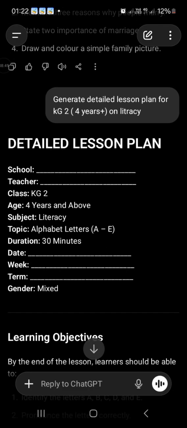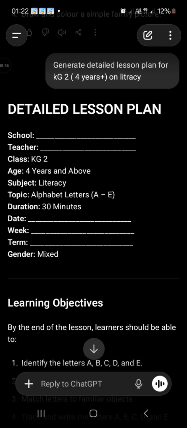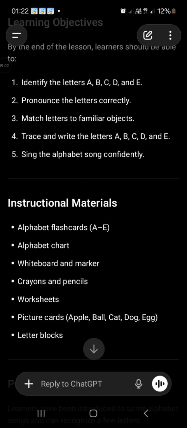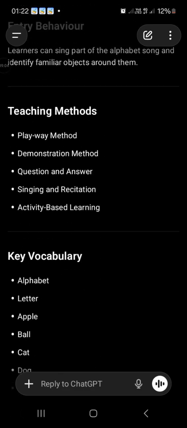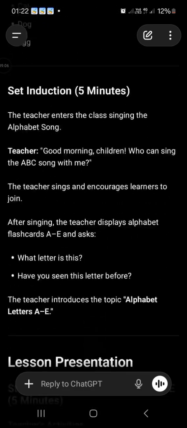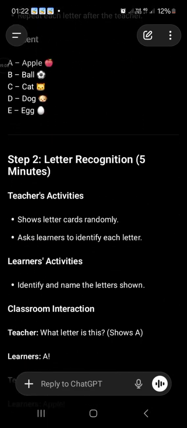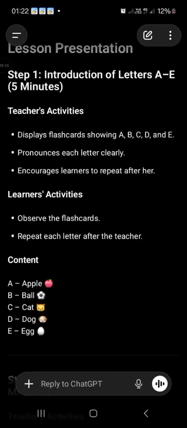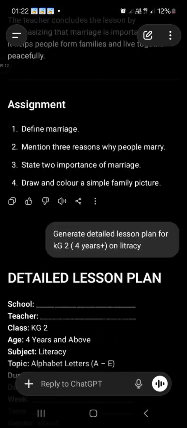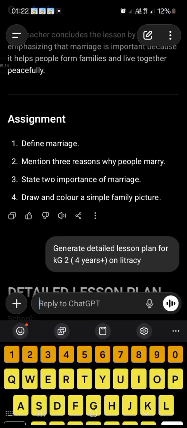So look at what AI gave to us. Let me see the topic. AI gave us alphabet letter A to E. That was because we didn't add the topic. So you can see keywords. But when I want to narrow it, then I can say something like this.